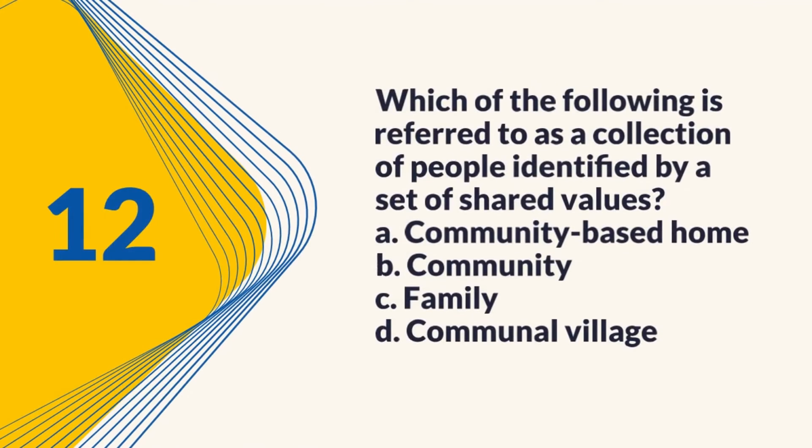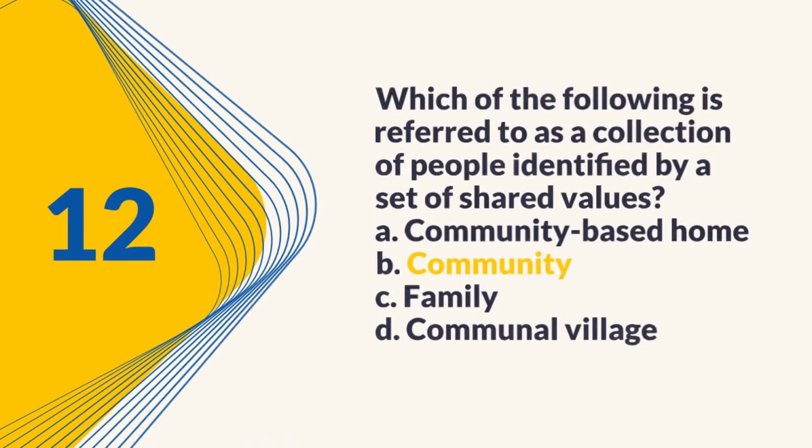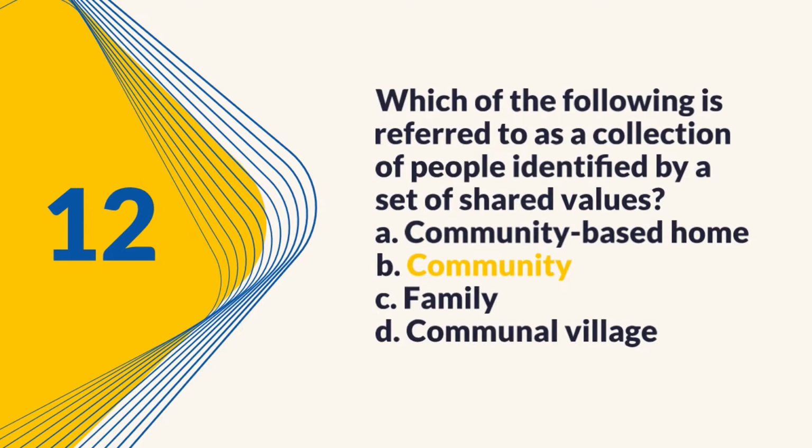12. Which of the following is referred to as a collection of people identified by a set of shared values? A. Community-based home, B. Community, C. Family, D. Communal village. Answer is B. Community. Let's break it down. A community is a group of people who share common values, norms, and a sense of belonging.